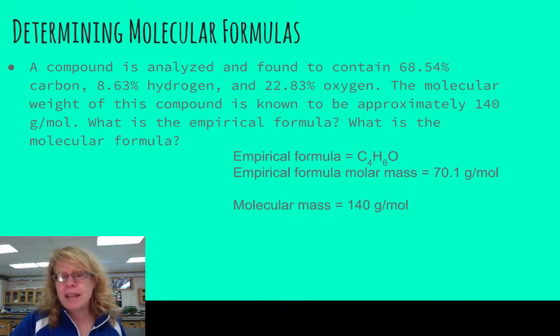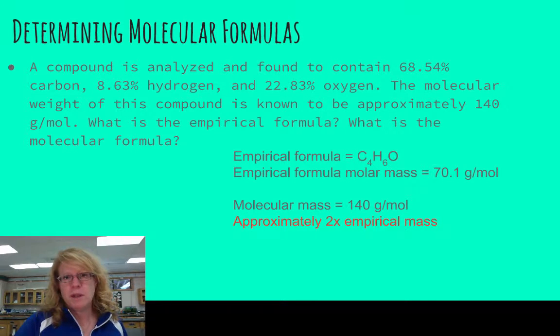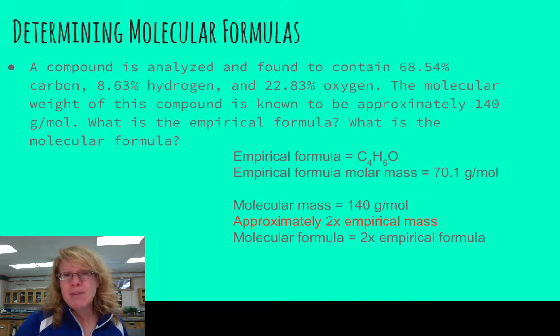Second thing is I'm going to look at the information in the problem that tells me the molecular mass, the true mass of this thing, is about 140. And I want to compare these two to each other. It turns out that my molecular mass is about twice as heavy as my empirical formula's mass. Well, that's kind of nice. I like 2's. That means my molecular formula is about twice the empirical formula.